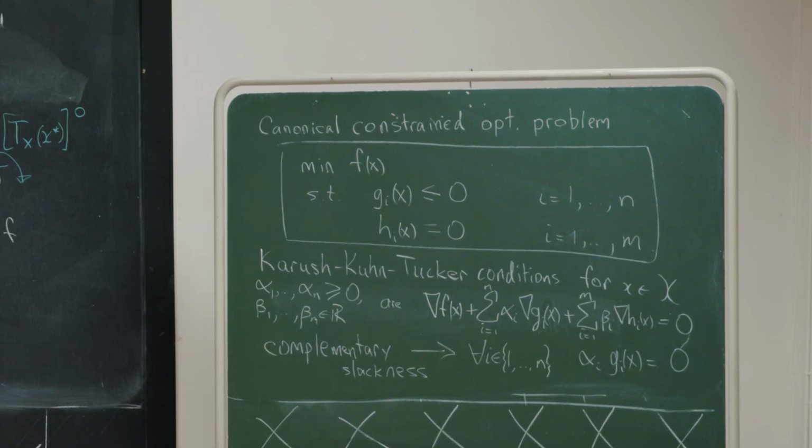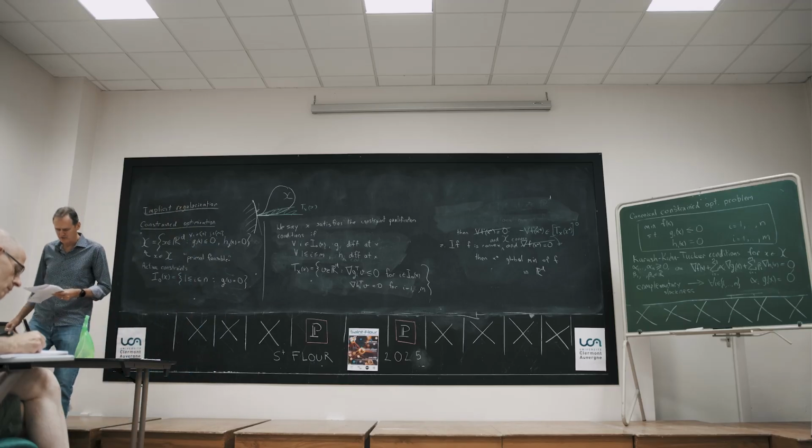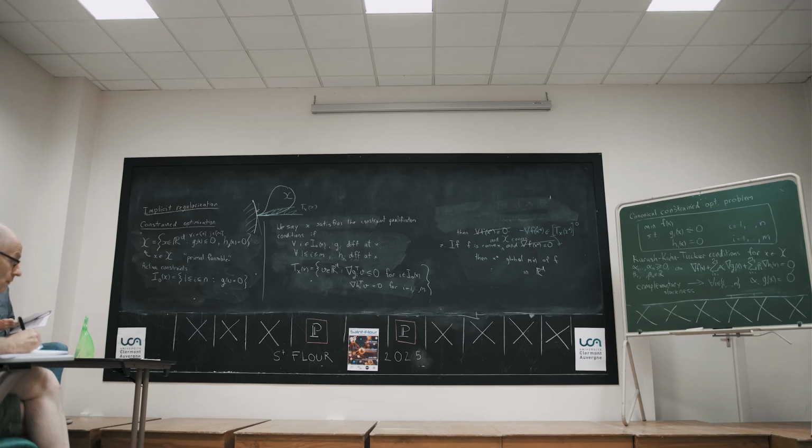Complementary slackness means you can have slackness in the g i constraint, so the g i's can be strictly less than 0. You can have slackness in the alpha constraint, they're allowed to be strictly greater than 0, but you can't have both at once. Okay, and then these are necessary conditions for a local minimum.